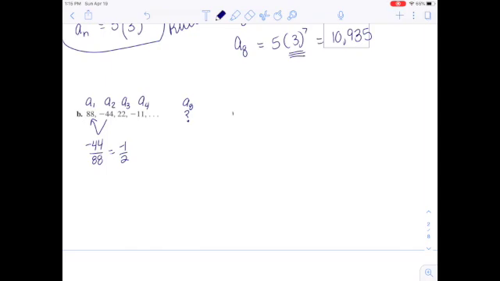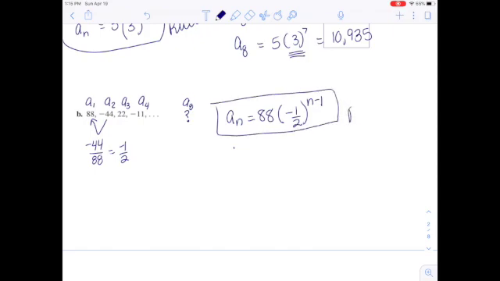So our rule, a sub n is equal to our first term of 88 multiplied by your r value, negative 1/2, raised to the n minus 1. All right, here's our rule. And let's use it to calculate our a sub 8, which is our 8th term.